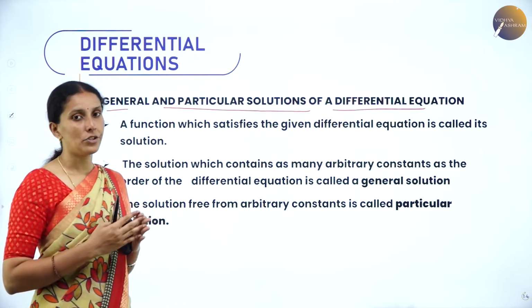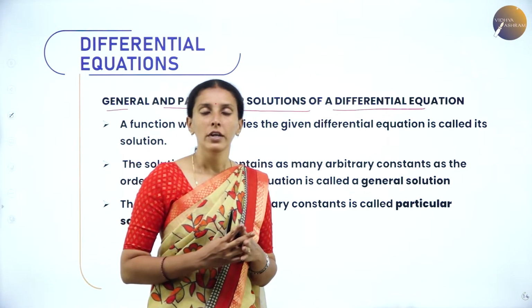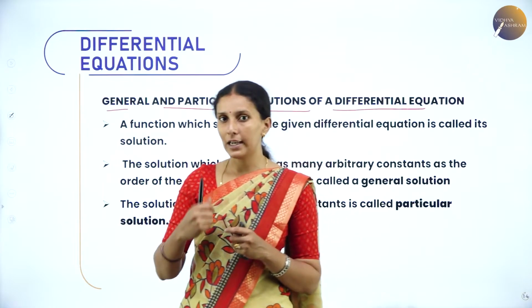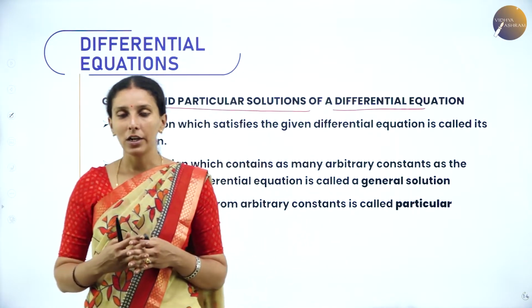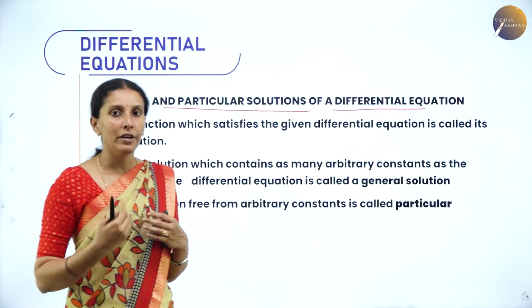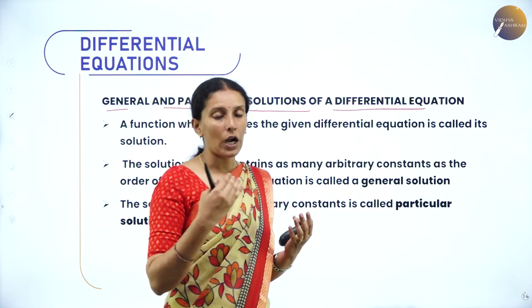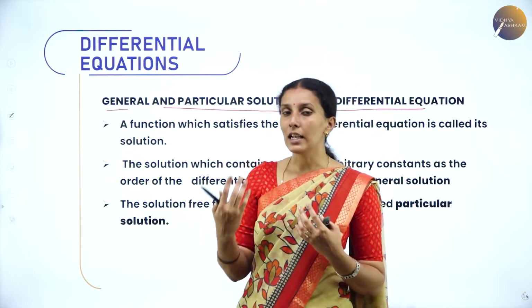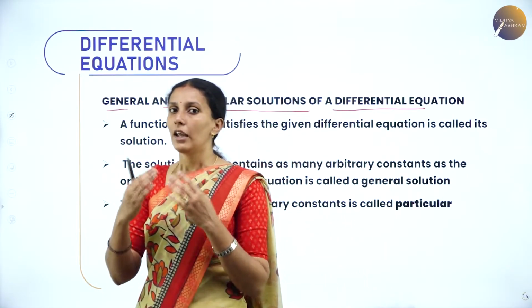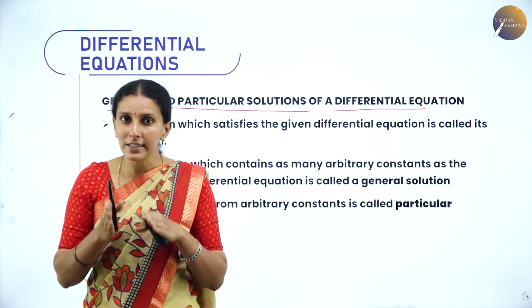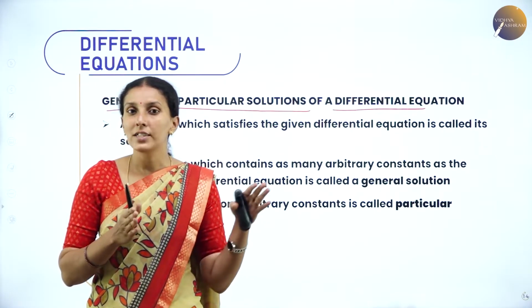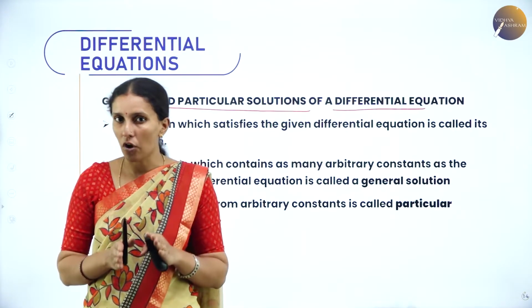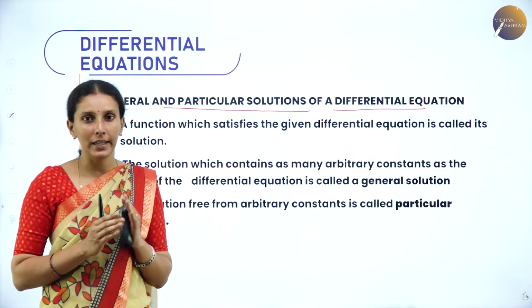In differential equations we have two types of solution: one is the general solution and one is the particular solution. So what is the general solution? Whenever a differential equation is given and a function is given, we have to check it as a solution of the differential equation. If the solution contains any constants inside it, then it is called the general solution. If the solution is free from all sorts of constants, then it is called a particular solution.